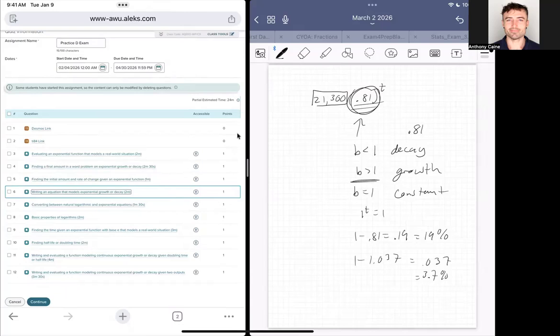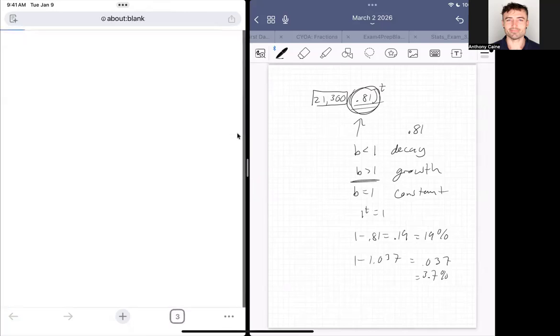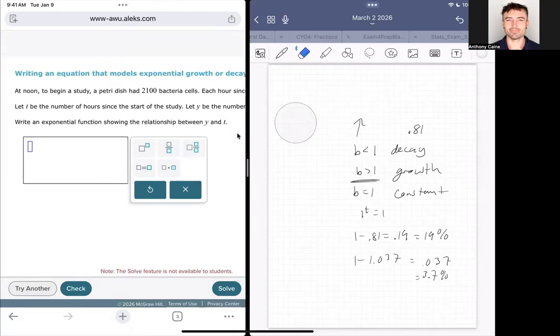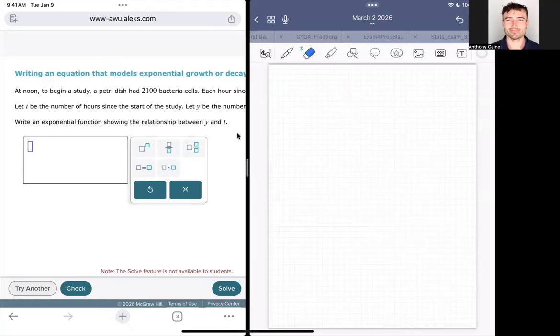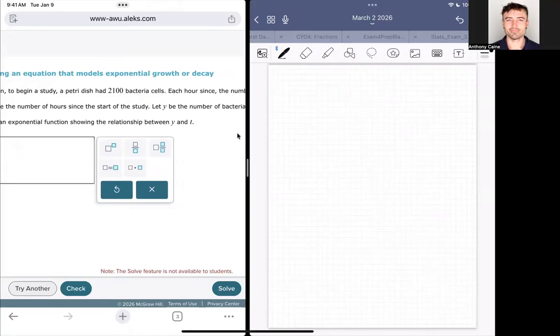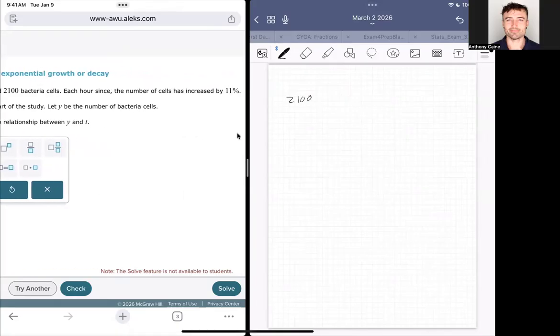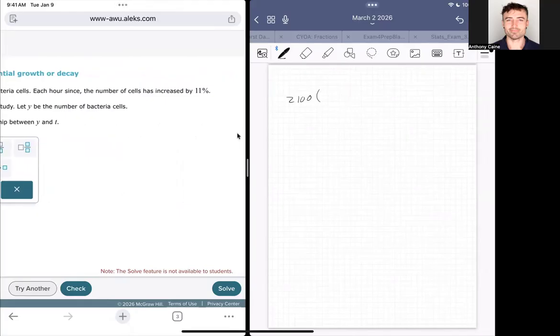Write an equation that models exponential growth or decay. Let's get that up. Okay. At noon, to begin a study, a petri dish had 2,100 bacteria cells, and each hour the number of cells increased by 11%. So this is 1 plus 0.11, but we would never really write it like that.